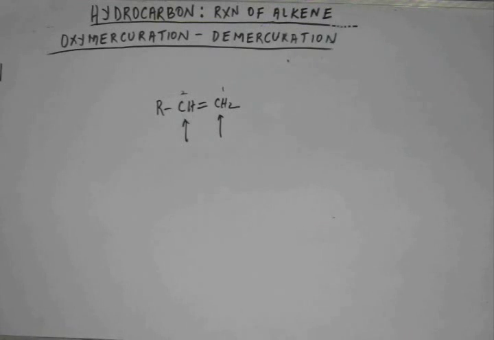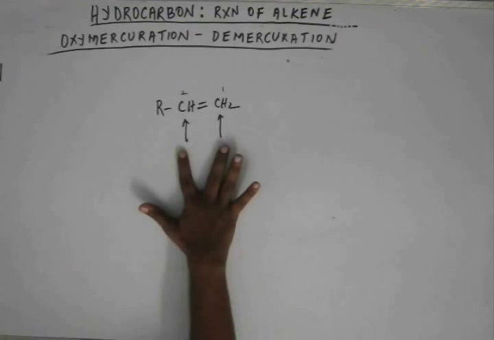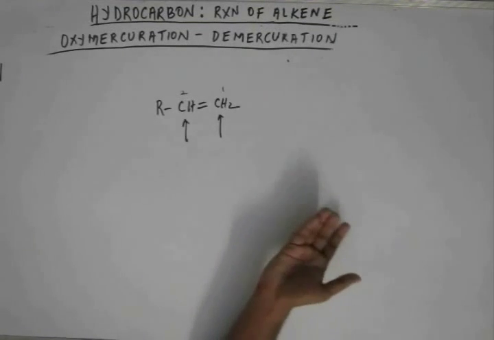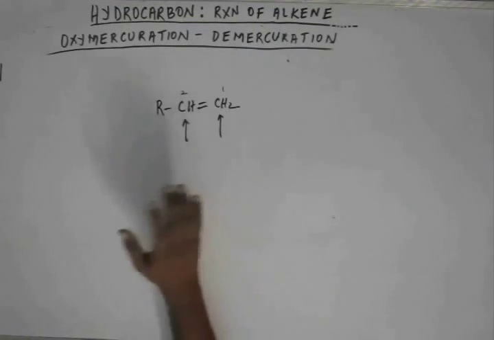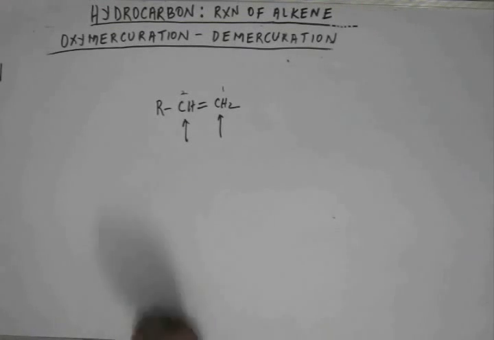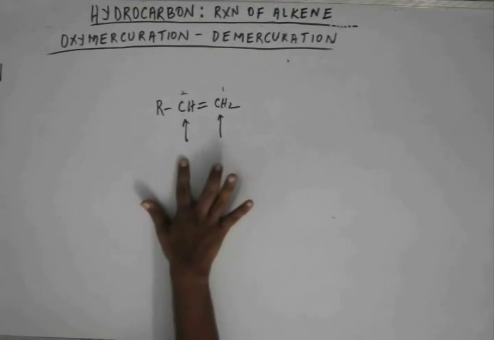Oxymercuration-demercuration is a reaction that regioselectively adds OH group to second carbon. That means if we use the terms Markovnikov and anti-Markovnikov, then oxymercuration-demercuration will give a Markovnikov product without rearrangement.